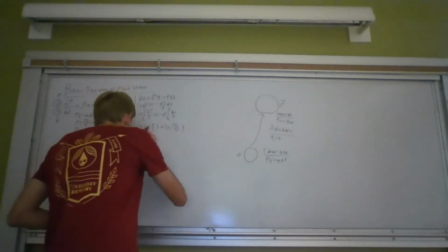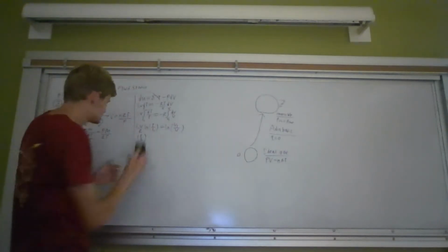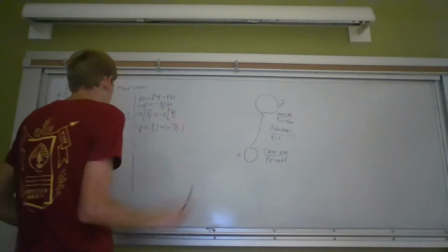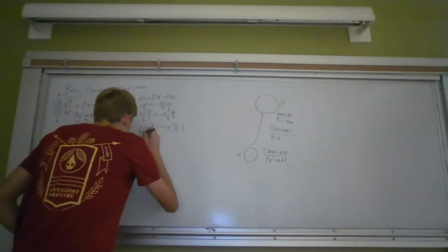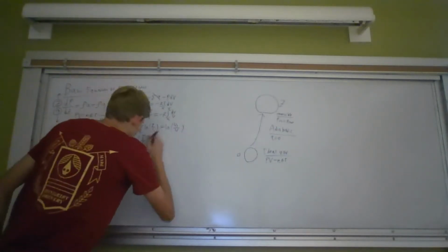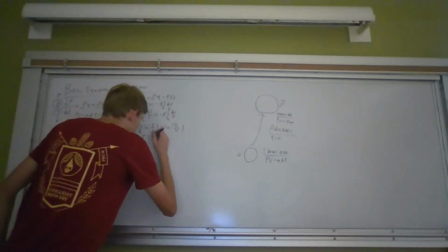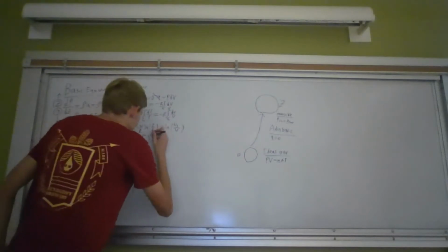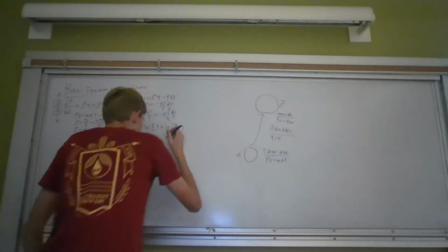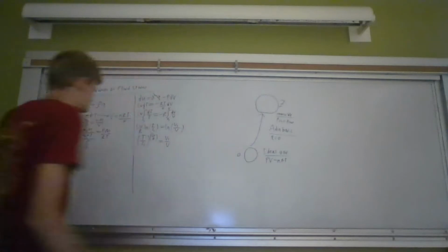We're going to have our temperature over our initial temperature to the power of our constant volume over R, and that's going to be equal to our initial volume over our new volume.